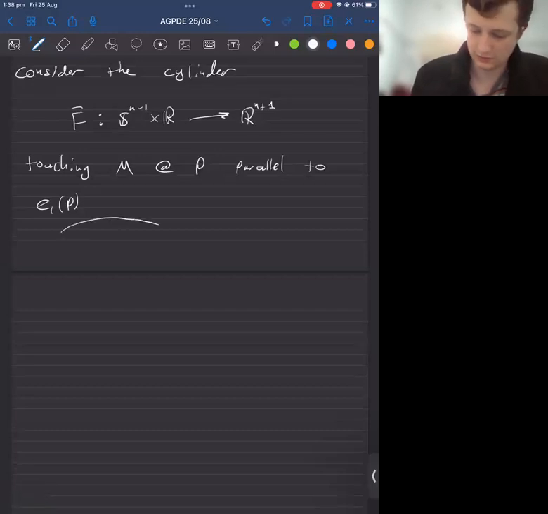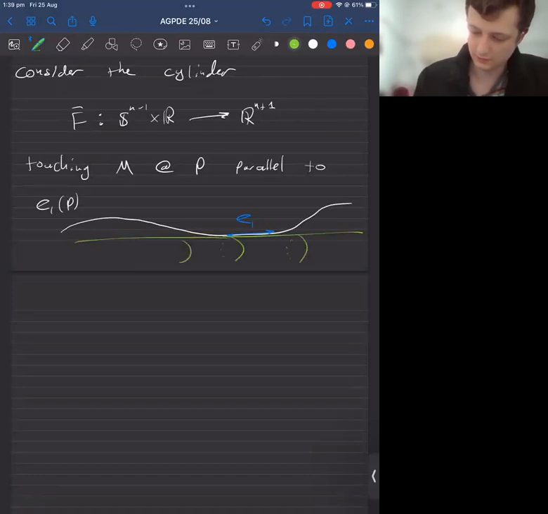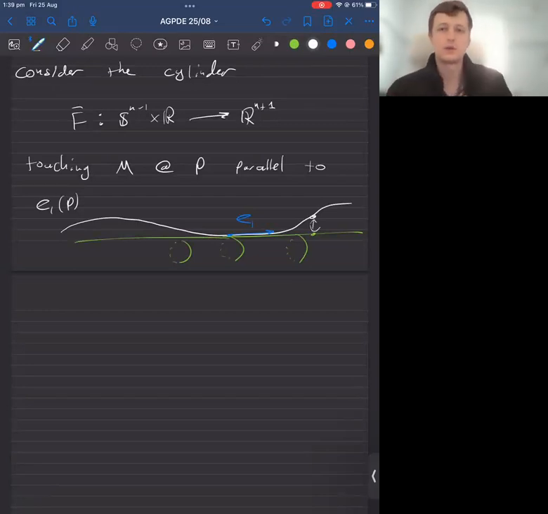So the picture looks like this. This is our E_1, and then we have some cylinder touching. And we want to show that, you know, basically the white and the green are quite close. Okay, and that should be enough.